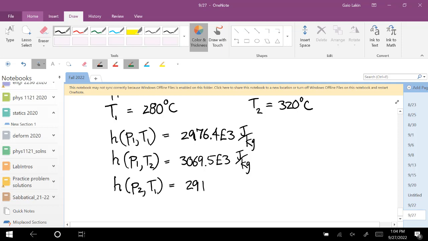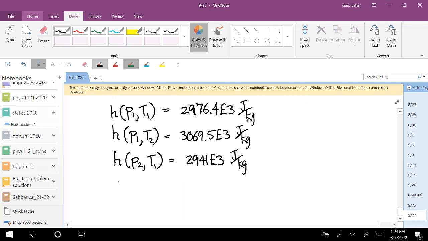And that's 2941 times 10 to the third joules per kilogram. And then the last one for P2, T2, that's 3043.5 times 10 to the third joules per kilogram.